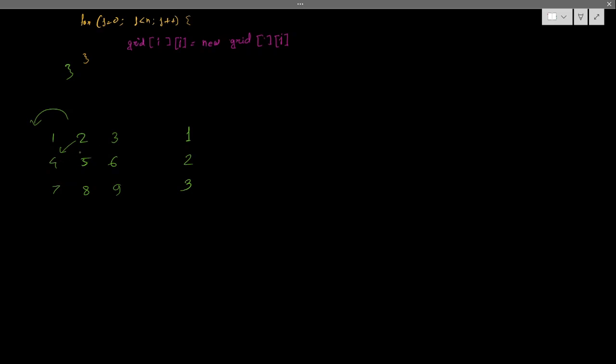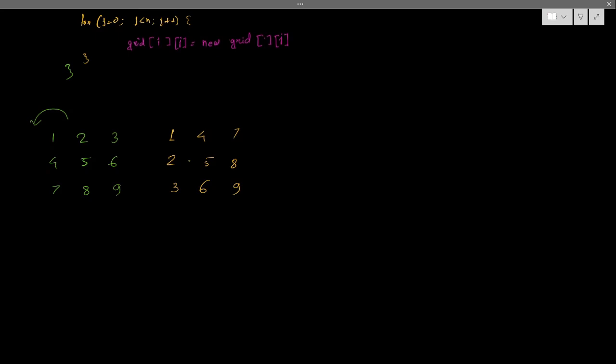If you don't know transpose, search for matrix transpose on YouTube; I'll also show you how to do it. So it becomes 1, 4, 7, then 2, 5, 8, then 3, 6, 9.